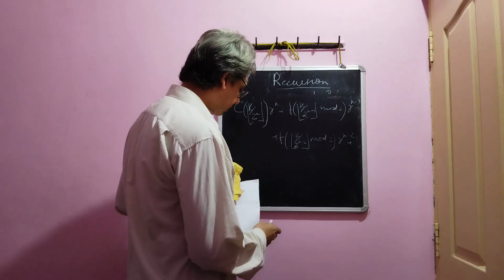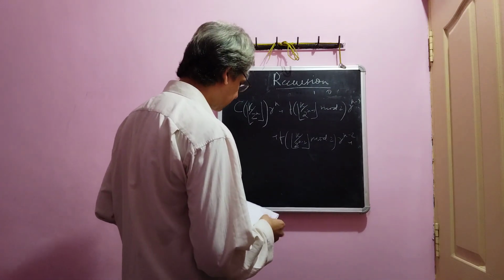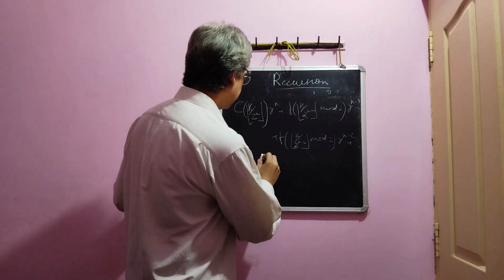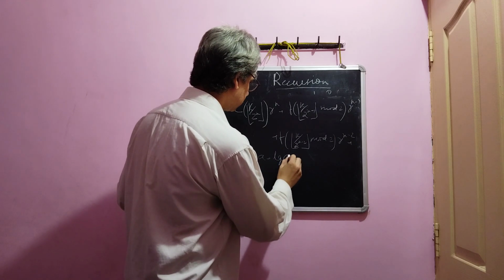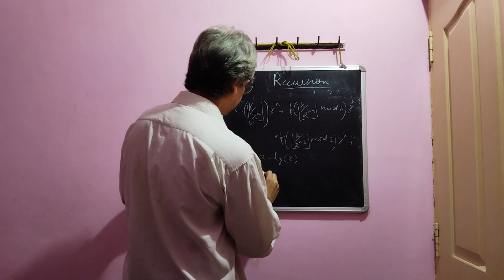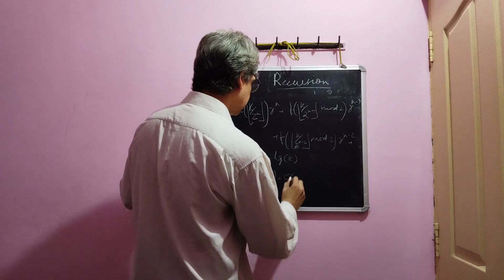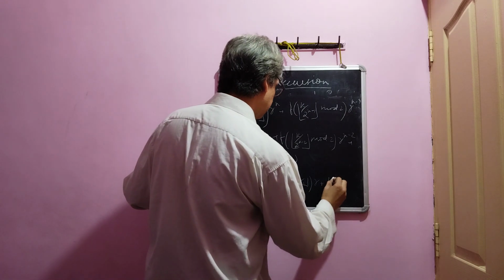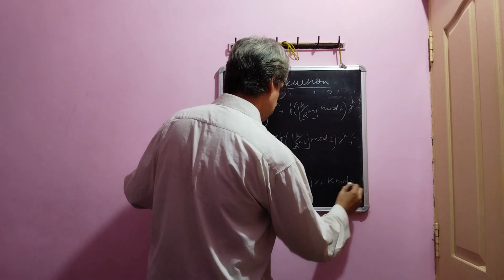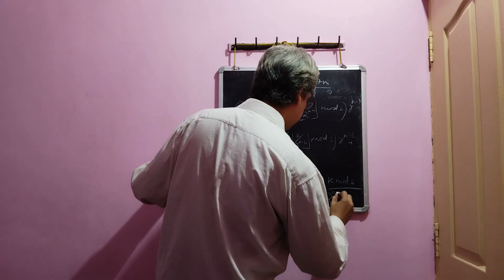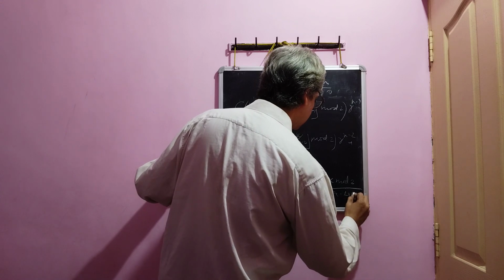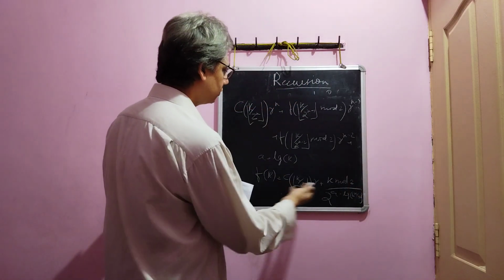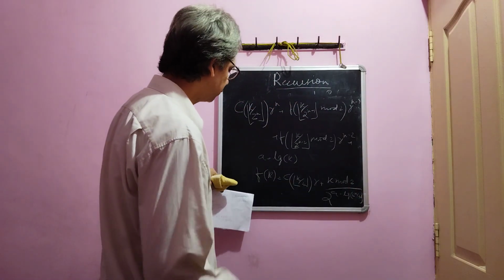So in order to ensure that a simple function which is based on nothing but successive halves adds up to 1, we can write, if a equal to log of k, then f of k can be defined as C of floor of k by 2 times r plus k mod 2 by 2 power a minus log of floor of k by 2. So this function can be used to code a string effectively.